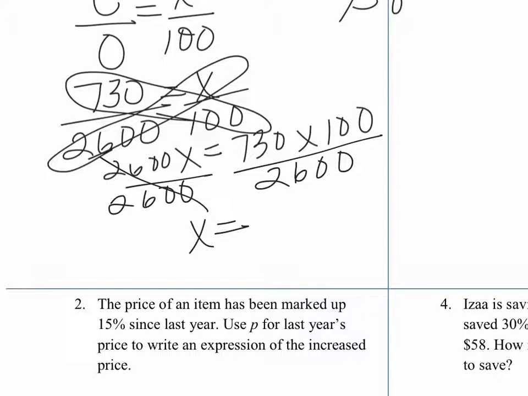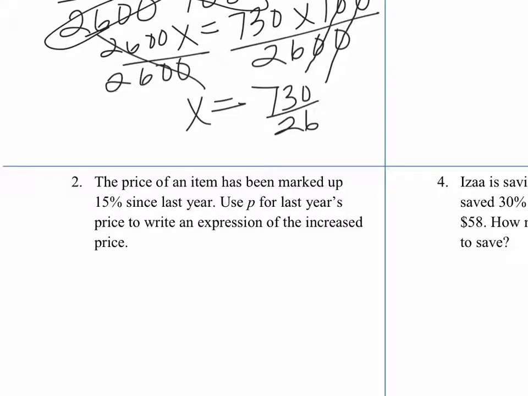On the opposite side, instead of doing long multiplication and long division with 2,600 as your divisor, you can cancel a 0 top to bottom, top to bottom. That leaves you with 730 divided by 26. You'll pause the video and do the math.